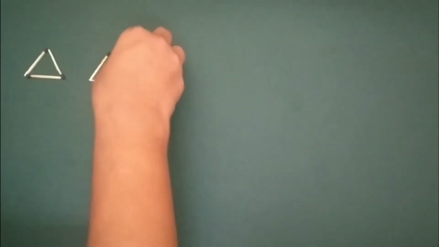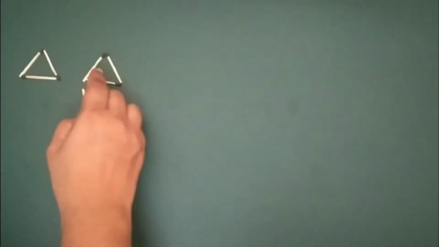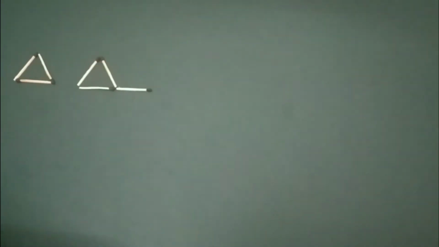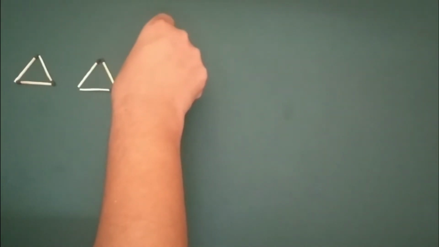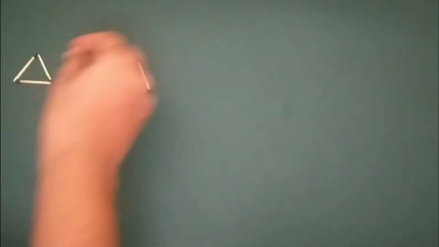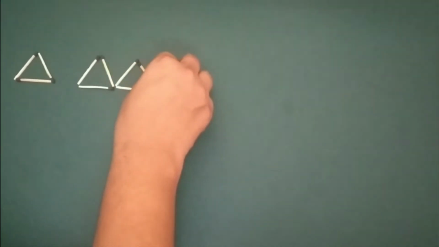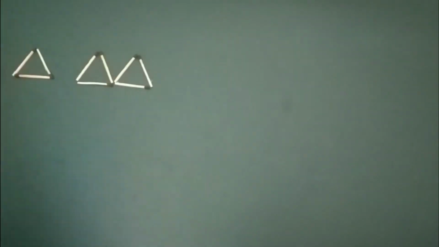One is over, the first one. Now I need to make the second one. The second triangle, two triangles together.